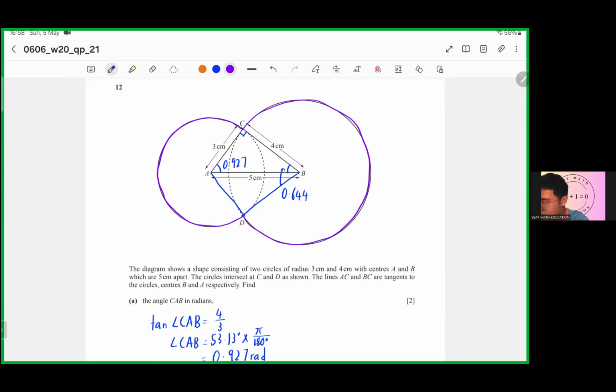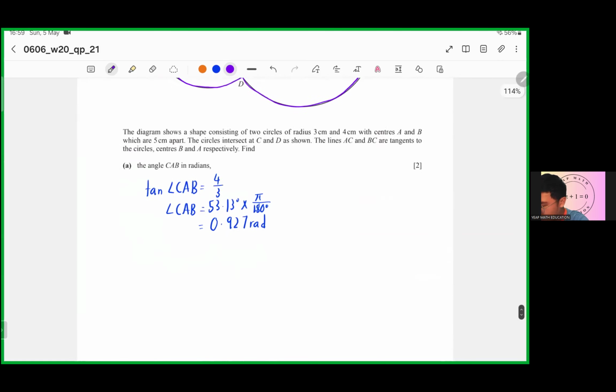Actually here we take 2 pi minus 2 times 0.644, and then here we take 2 pi minus 2 times 0.927 right here.